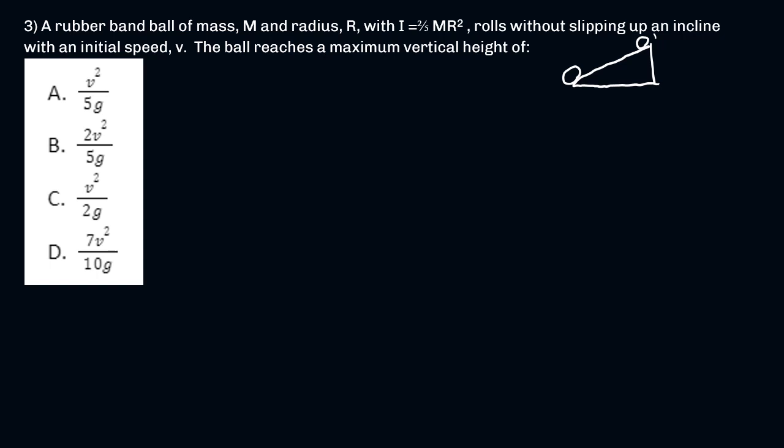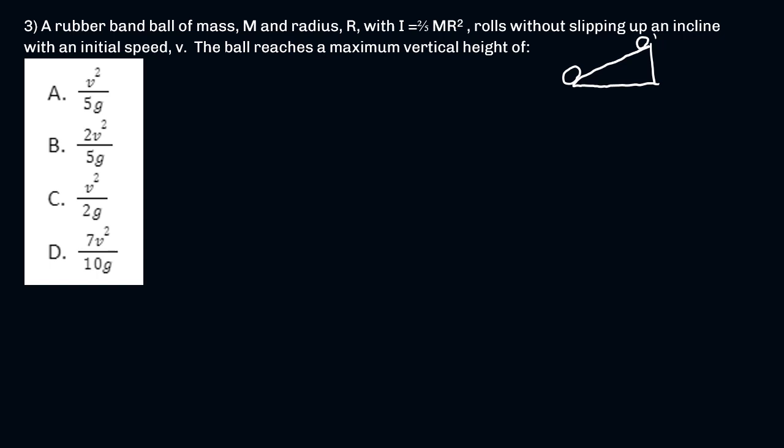But now there is going to be a little bit of a wrinkle added in because we have the object that is rotating. It's not just sliding up the incline like it would be with a block from earlier on in the year. So what I'm going to end up doing with this is just setting up my conservation of energy equation like I would before. And then we're just going to see what we have at the beginning and then what we're going to have at the ending point.